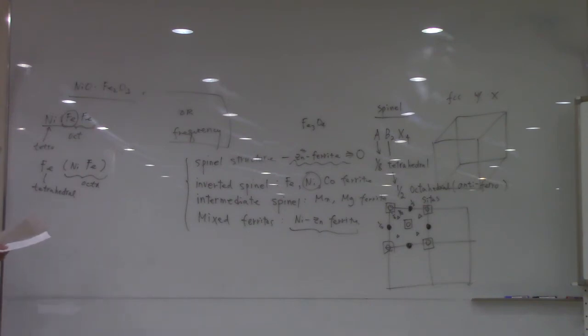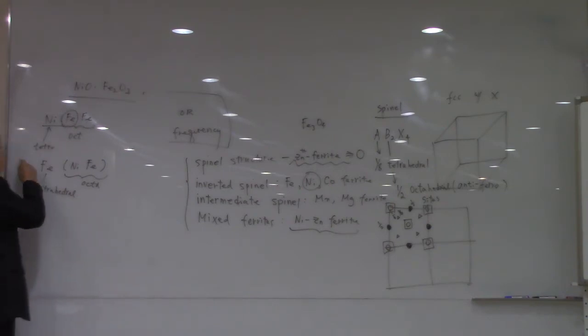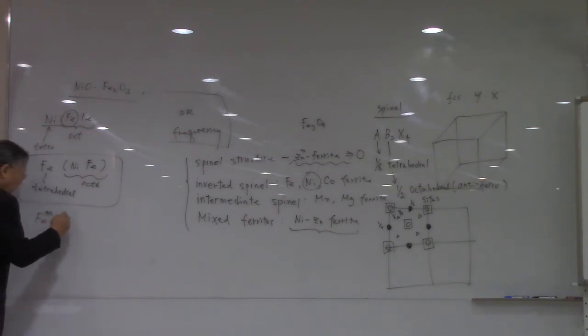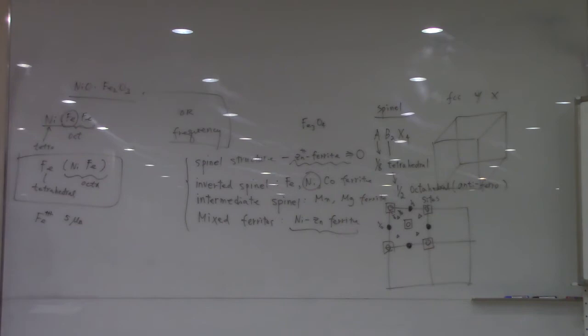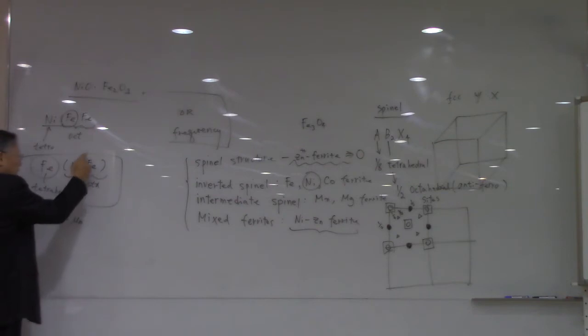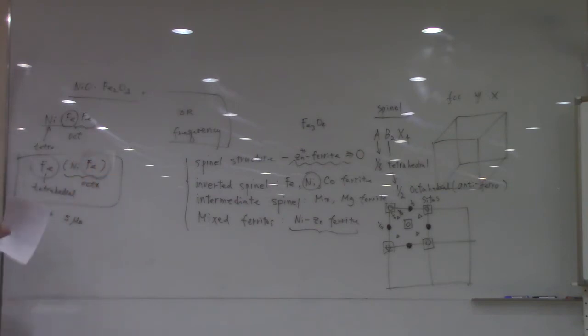Now, let me see this in this inverted spinel, the nickel ferrite. The Fe has 5 unpaired spins, so Fe3+ ions will have 5 Bohr magneton. And this Fe and this Fe are supposed to be antiparallel, and it's supposed to show antiferromagnetism.